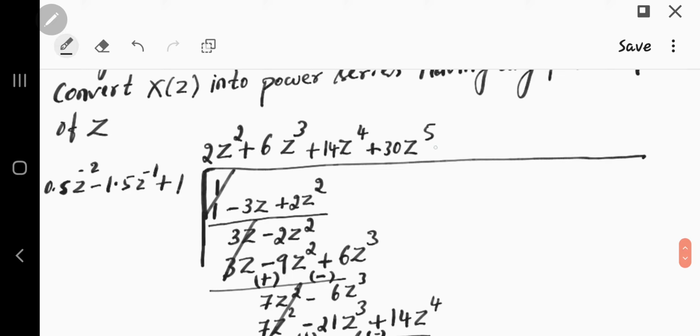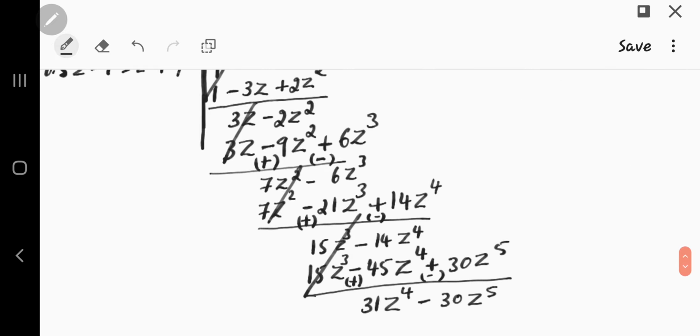And we have one more step here, where the power is z4.